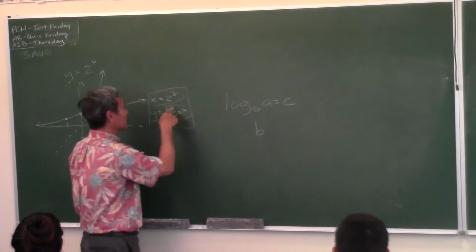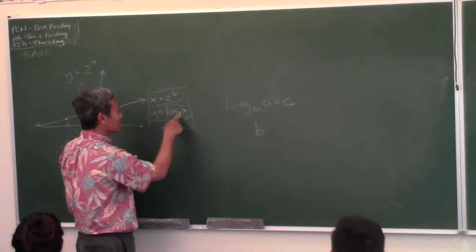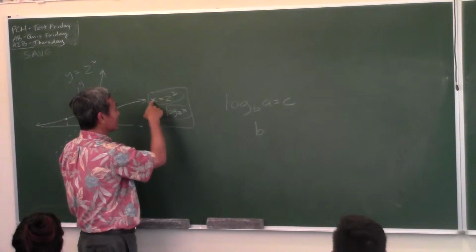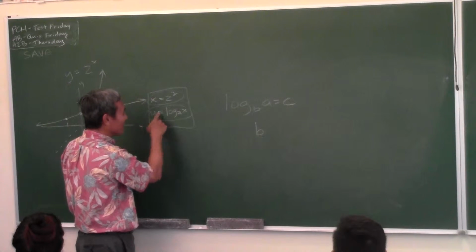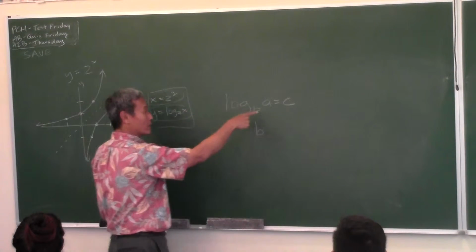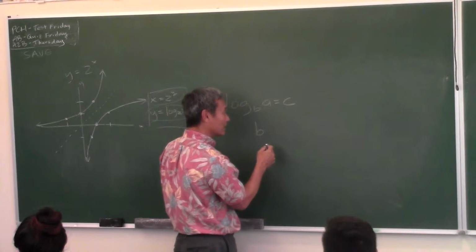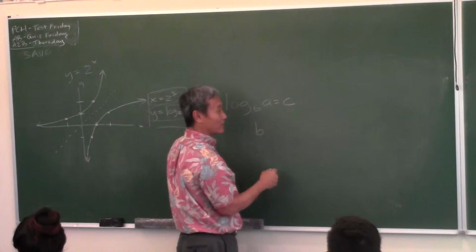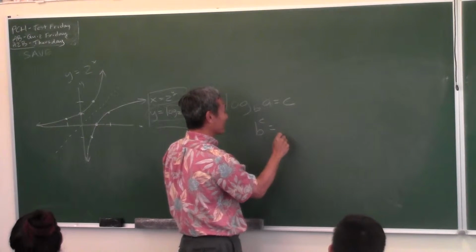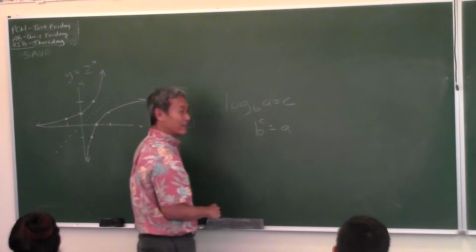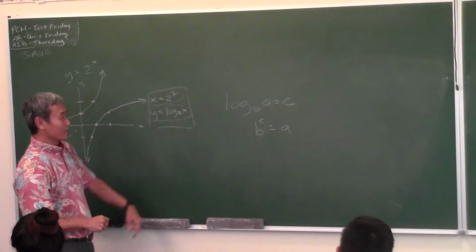Look, you see the 2 here? 2 to the y equals x. So when you see this, this means b to the c equals a. You just have to switch back and forth between the two.